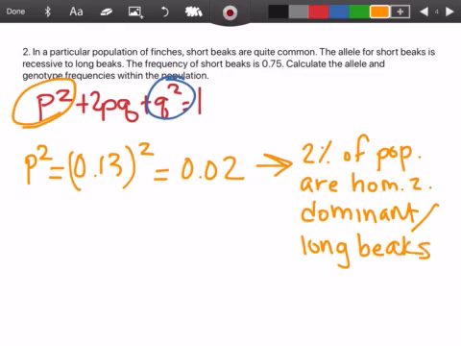Let's then calculate the individuals who are heterozygous in our population. This corresponds to 2pq.